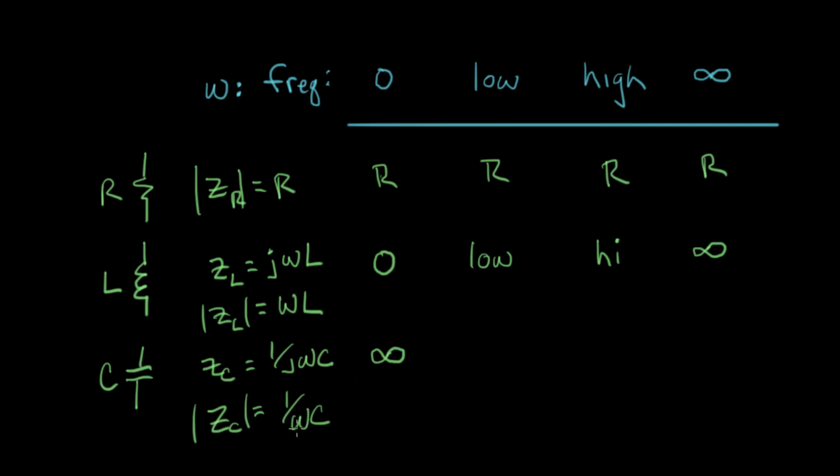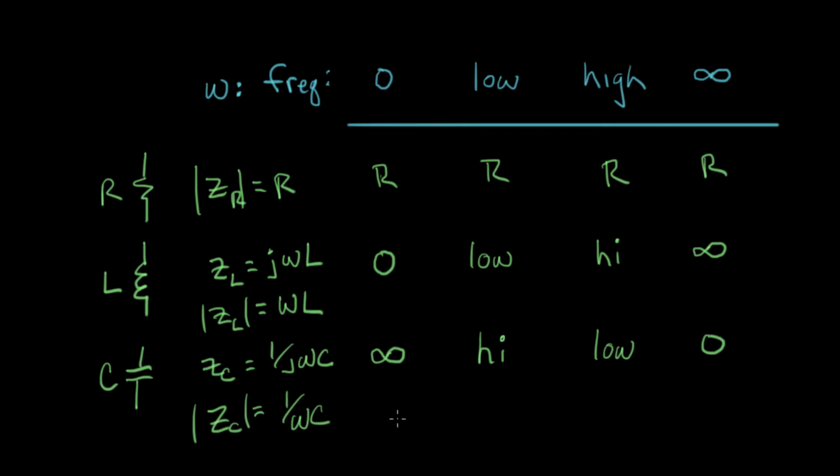If omega is a small number, then this is a large number. This is a high number. And if the frequency gets very high, the higher omega gets, the smaller the magnitude of Z gets. So we get low here. You see it's anti-symmetric with the inductor. And finally, if we let the frequency go to infinity, 1 over infinity times C is what? It's 0.